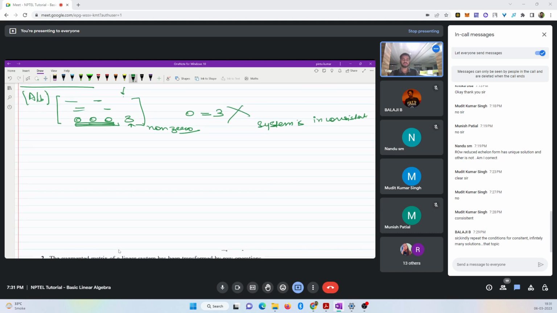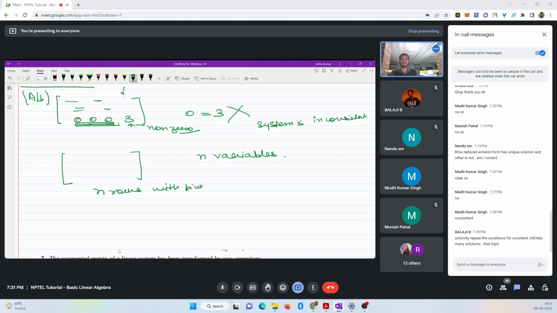Let's say you row reduced a system of equations, and let's say you have n variables. Now, let's say n rows have a pivot element.